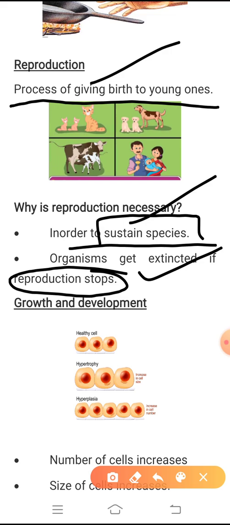For example, if the dogs get extinct, you cannot see the dogs in the next generation, or some other organisms get extinct. Take the example of the dinosaurs which were present earlier, they got extinct. Now there are no more dinosaurs, right? So once the reproduction stops, the organisms will be no more. So that is the reason reproduction is necessary. Even for reproduction, energy is required.